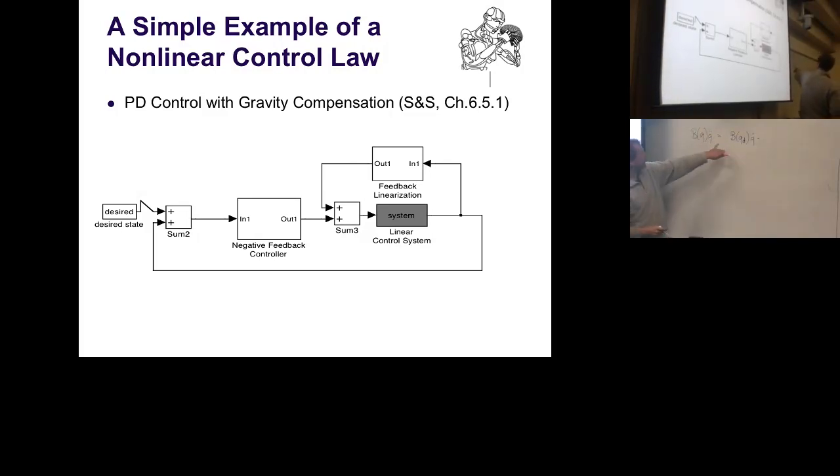If Q desired and Q are close enough, then these two terms will cancel in my equations. So I can actually reduce the equations of motion to become very simple. And we'll just do this now in a slightly more profound way.